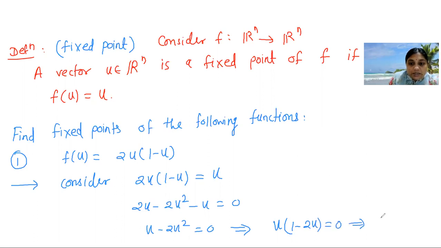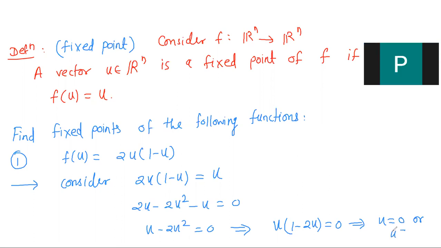So this implies either u is equal to 0 or u is equal to, what is u equal to? Half, 1 by 2. So u is equal to 0 or u is equal to 1 by 2 are fixed points of f. Is that okay?